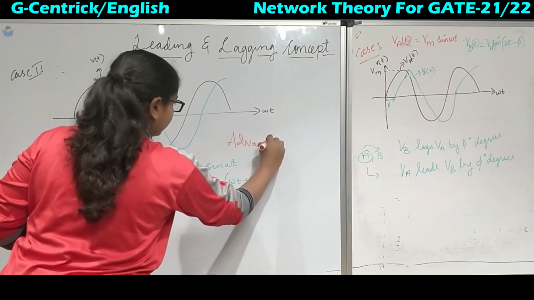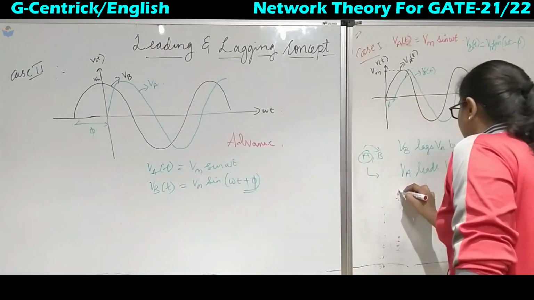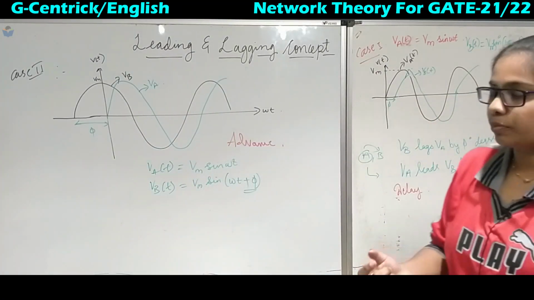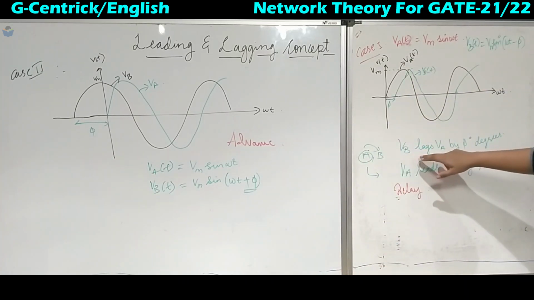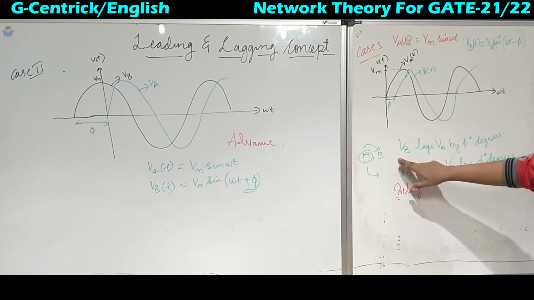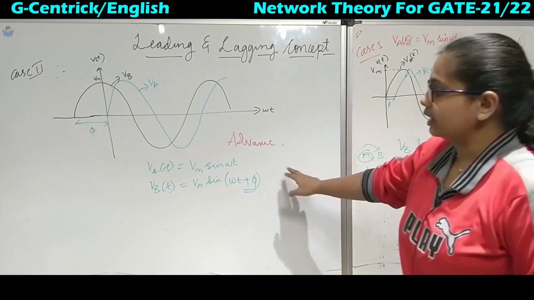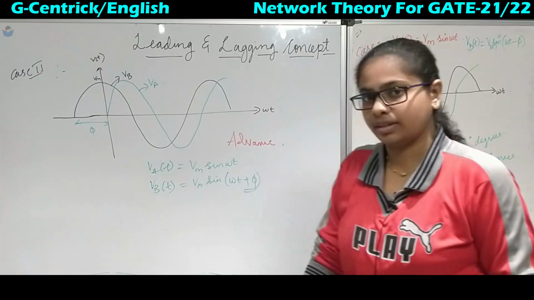Then this we will call delay. So we will keep one reference. In this case we will keep Va as the reference, and we will see what is the position of Vb. So here Vb lags Va by 5 degrees, and here Vb leads Va by 5 degrees.